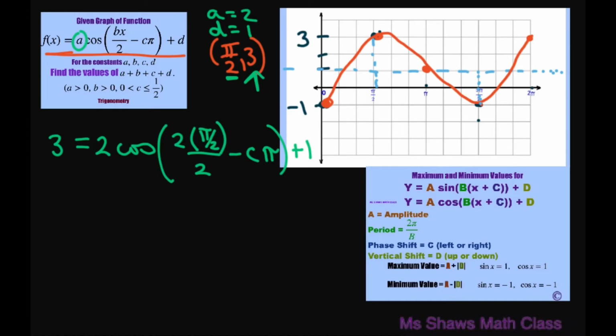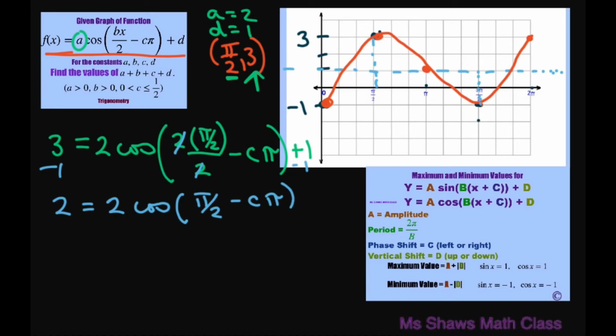All right. Now simplifying this, I'm going to subtract 1 from both sides. So I'm going to get 2 equals 2 cos of, these cancel, so we're going to get pi divided by 2 minus c times pi. Now what can we do?